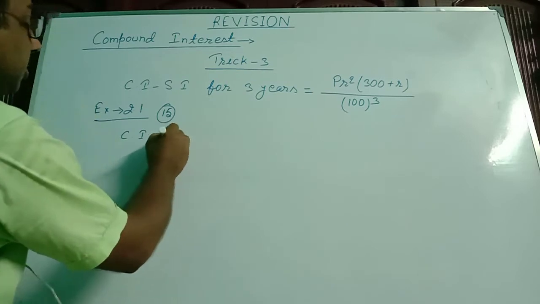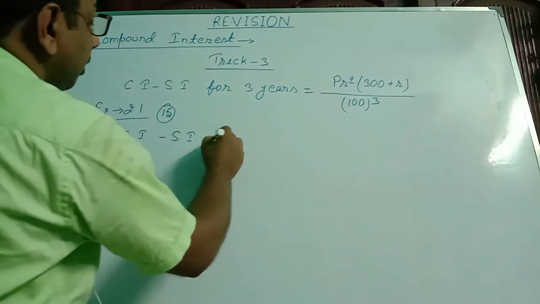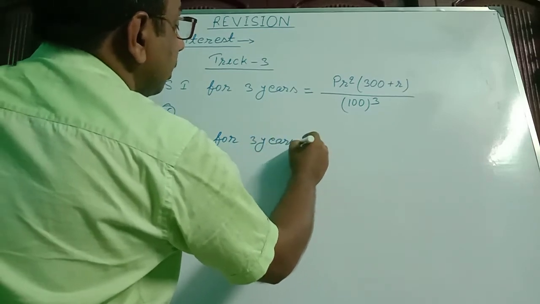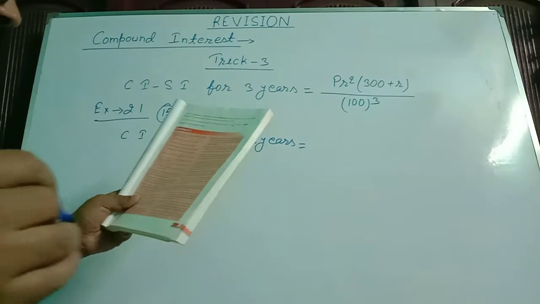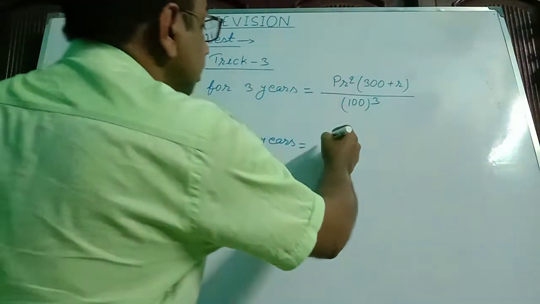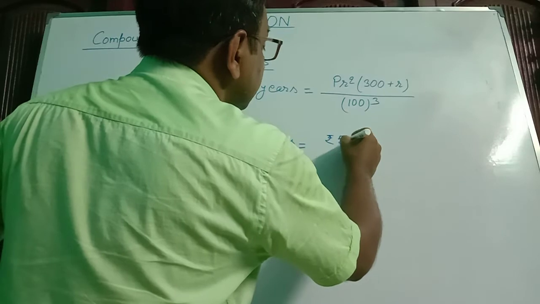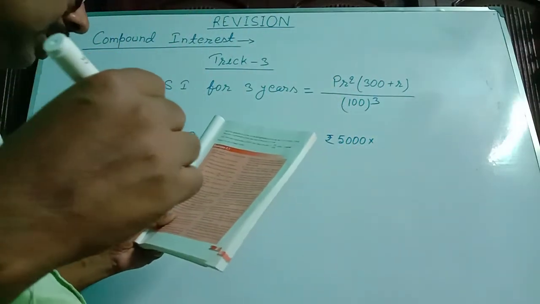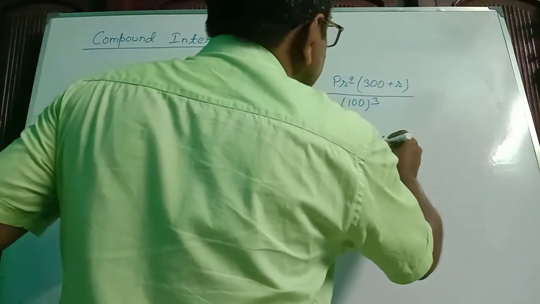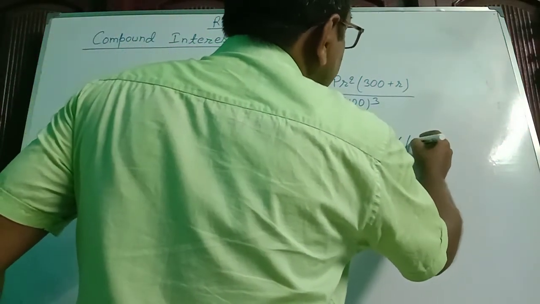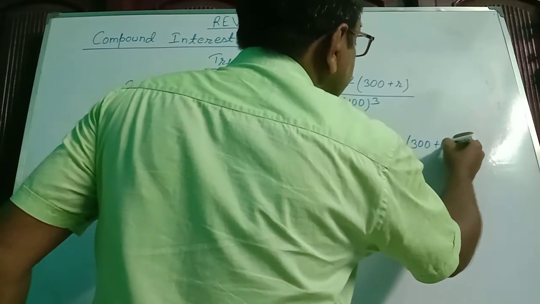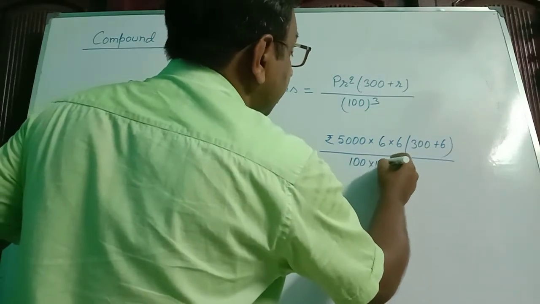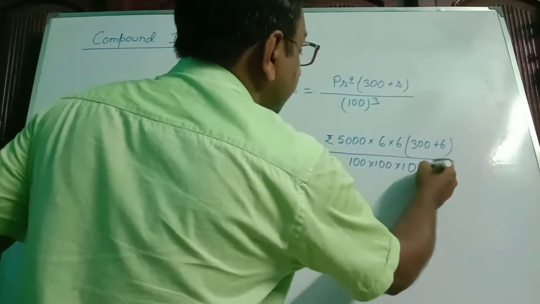CI minus SI for 3 years equals PR square, principal is here 5,000 rupees, R square, R is 6%, 6 into 6, and this became 300 plus 6 by 100 into 100 into 100.